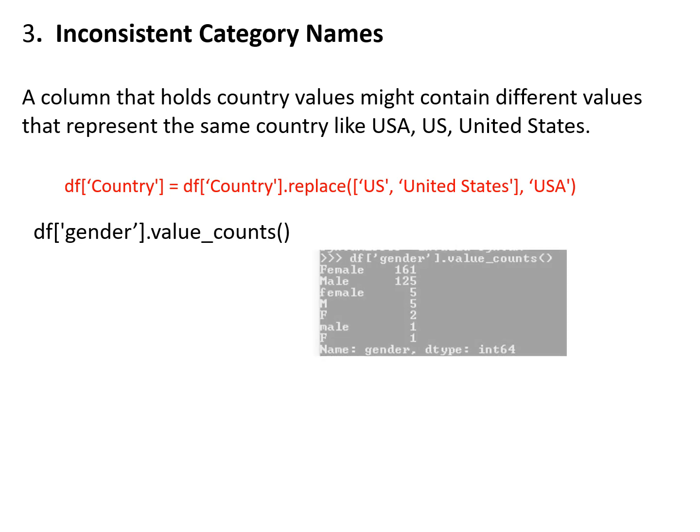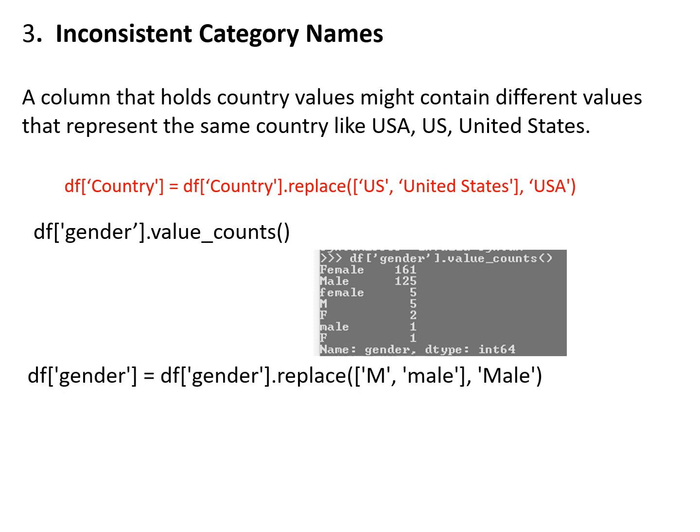Now looking back and using this gender dot value counts, we see here are the different genders that are in our sample database data set that we're looking at here. And it looks like we've got a lot of different inconsistent category names. So what we'd want to do is do several things. Let's decide how we want this.